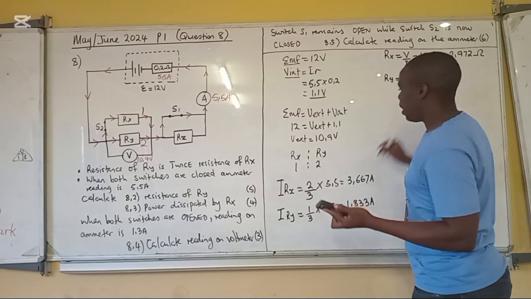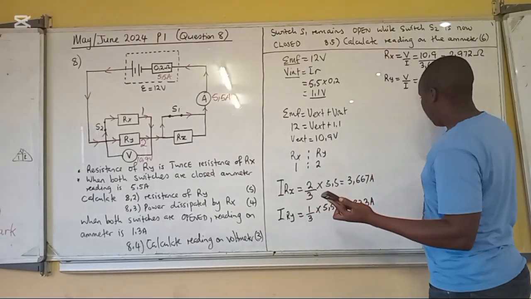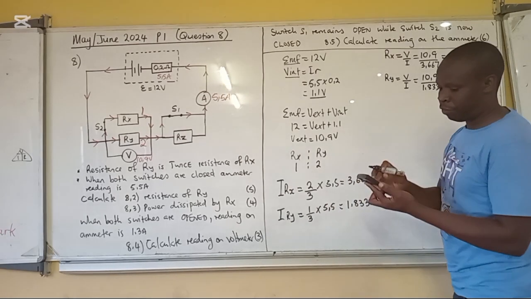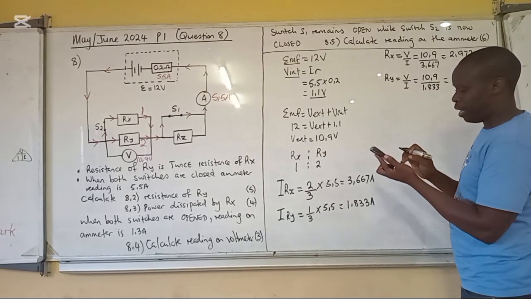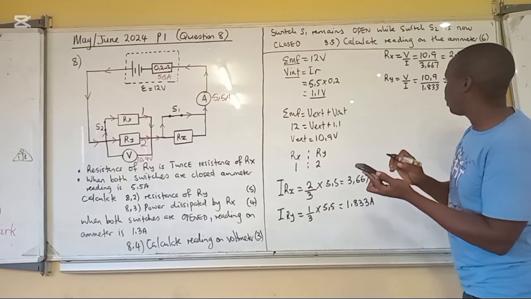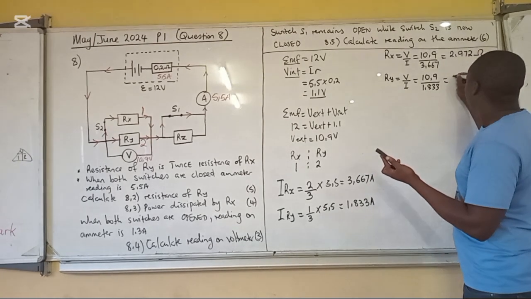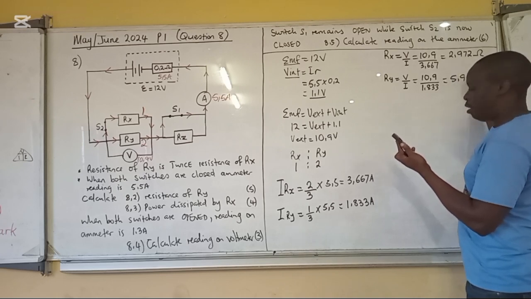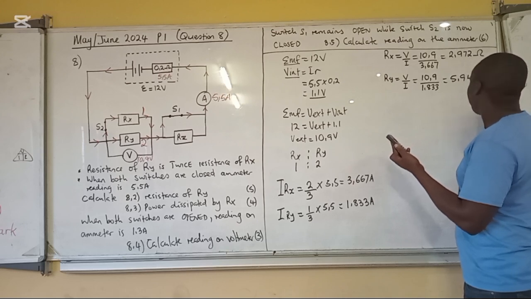So 10.9 divided by the current through Ry, 1.833, gives 5.947 ohms.